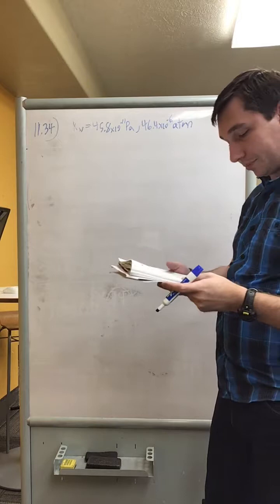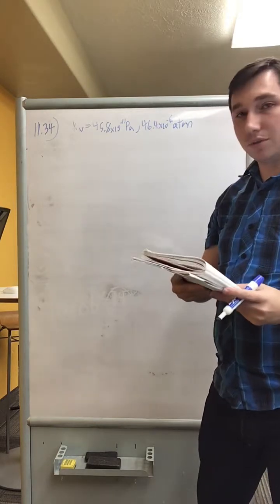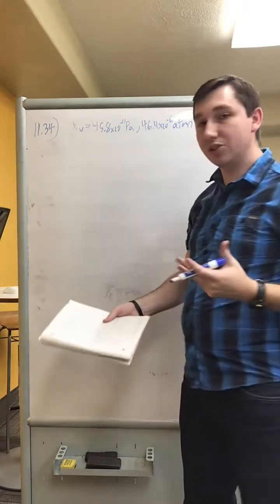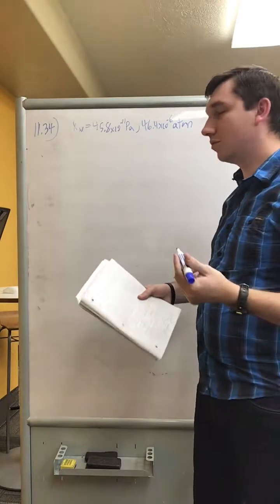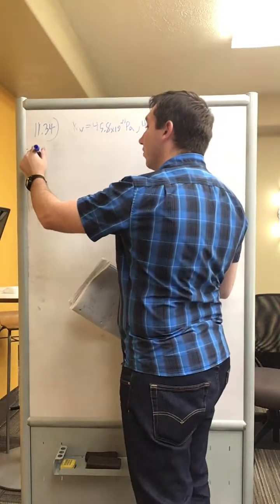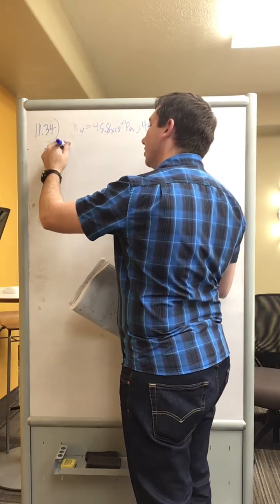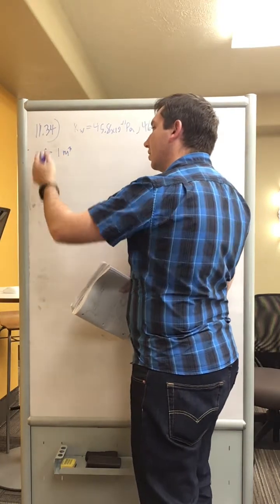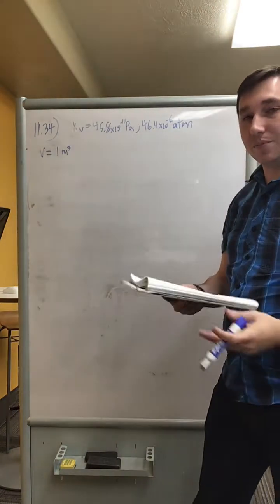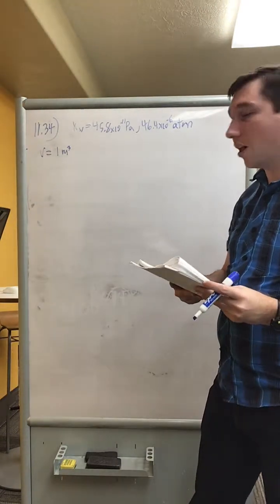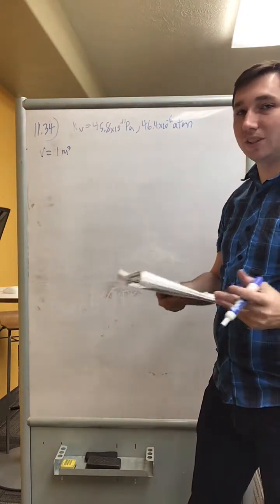So it wants to know the change in volume if we take a cubic meter of water. So the volume is going to be equal to 1 meter cubed. And if we take it down to that depth in the Marianas Trench, what will be the change in volume?